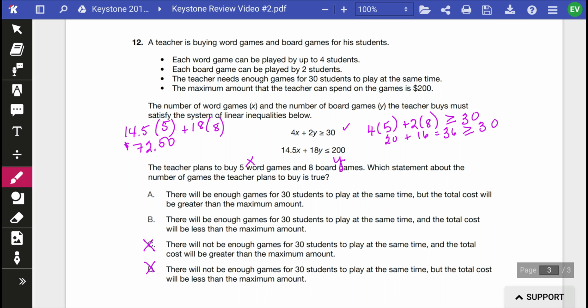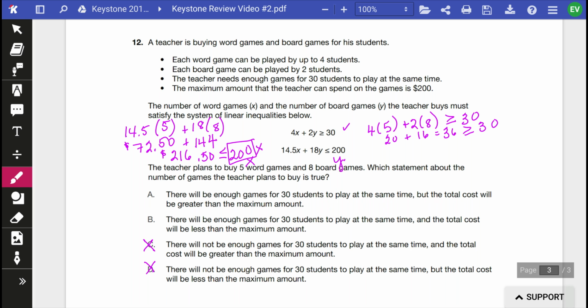And then 18 times 8 is 144. And we add those together. We get $216.50. And it has to be less than 200, but unfortunately, the teacher's going to spend more money than he wants to.